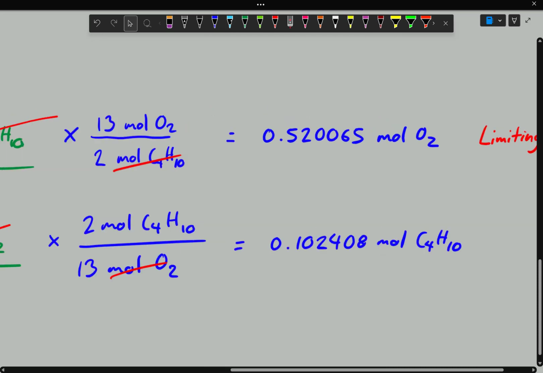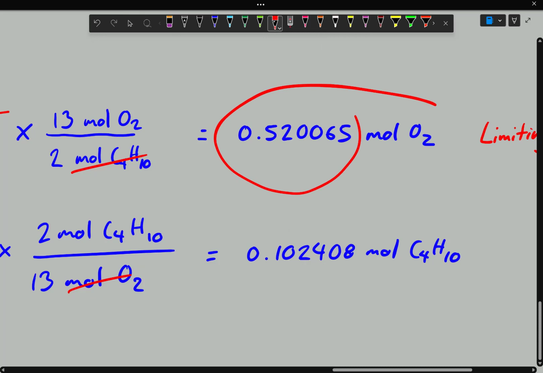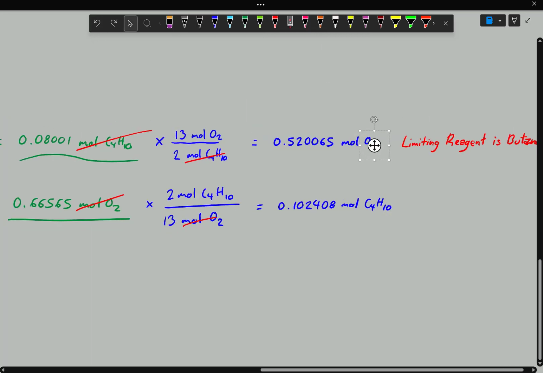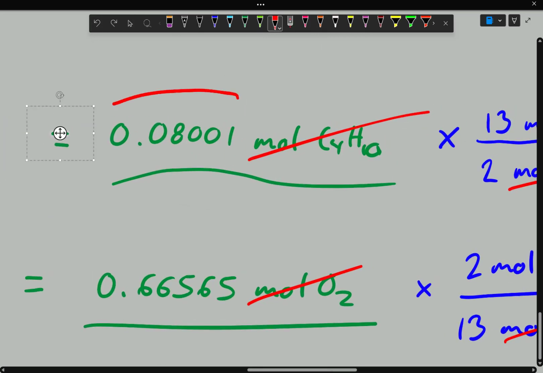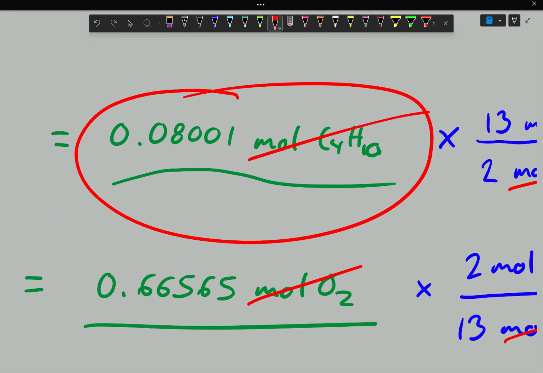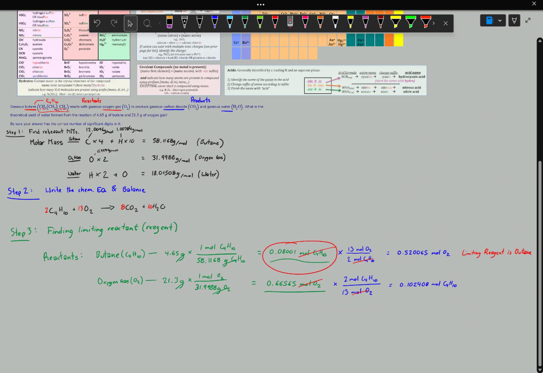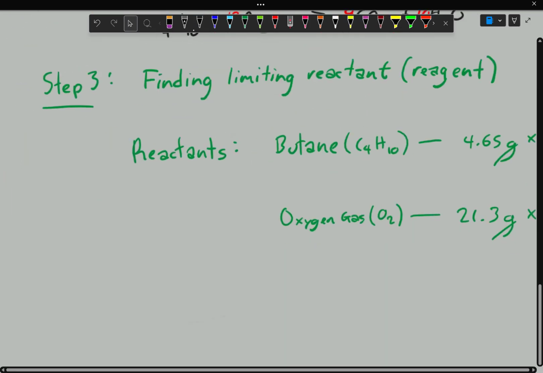So that means that this amount of moles is what we're going to use to determine how many moles of our product is formed. So that brings us now to step 4.